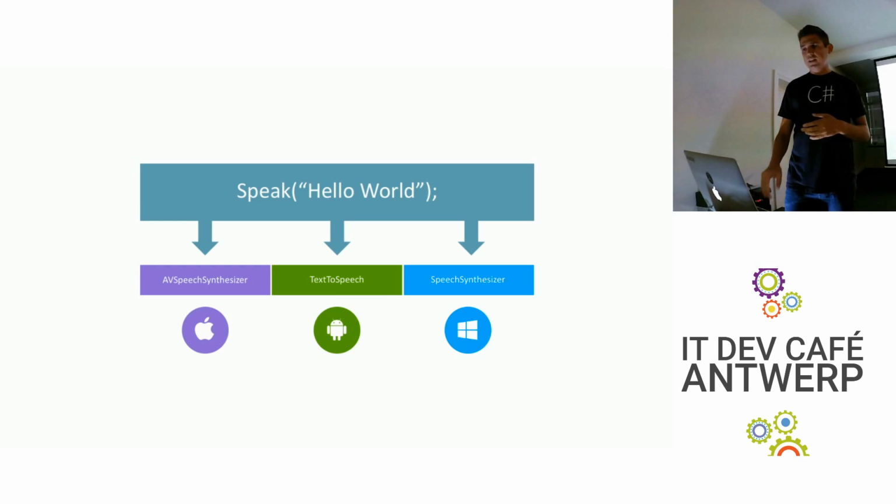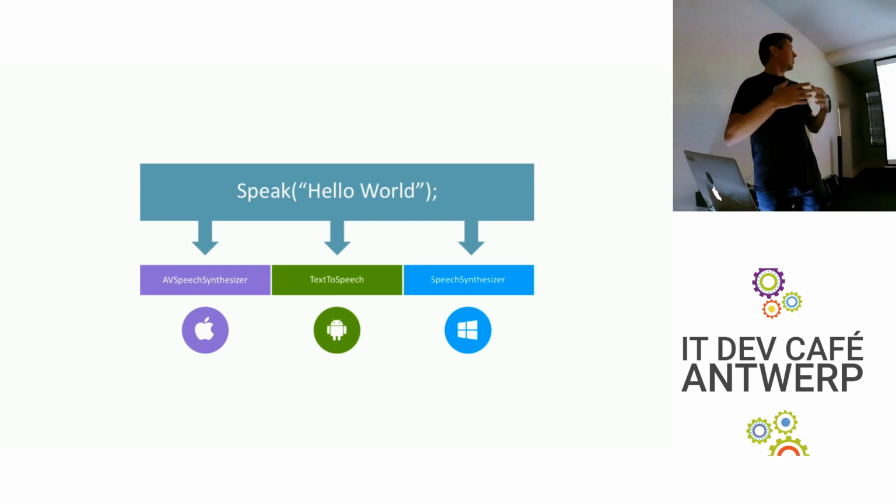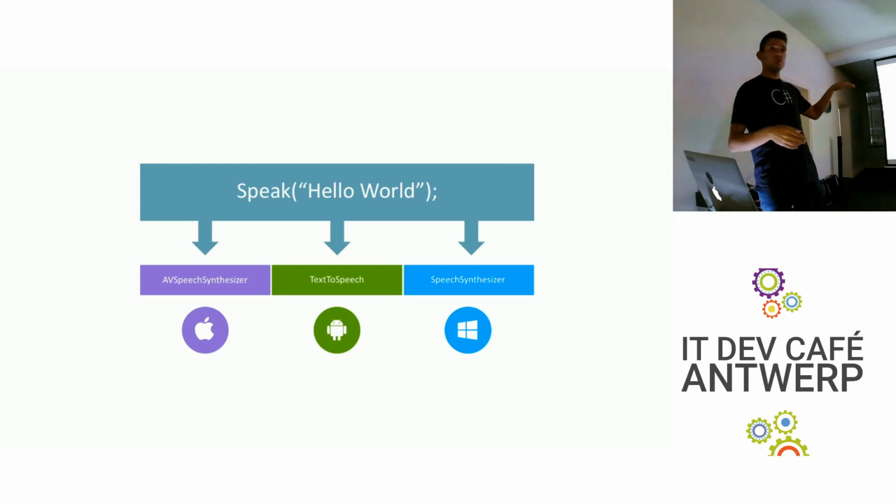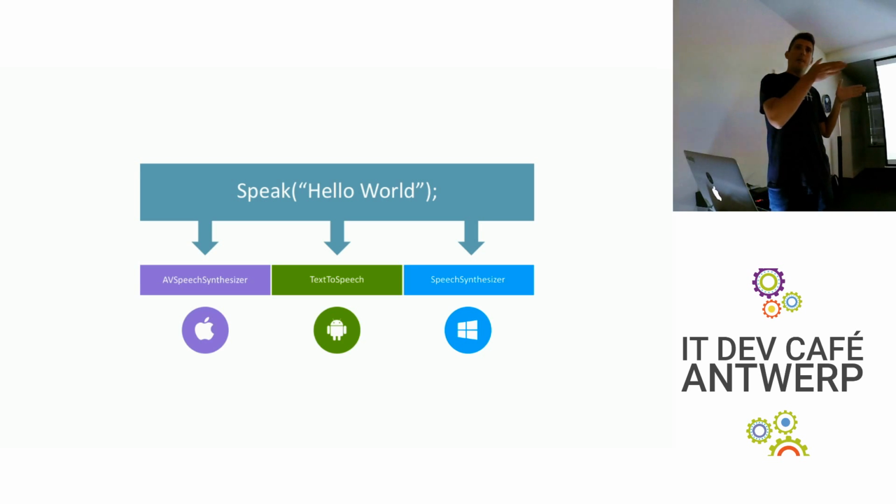Or if you want your application to read out a certain string, in your core code that you share across the platforms, you just say speak and then the string you want to read out. And then on each platform, it will use the correct implementation for text-to-speech.